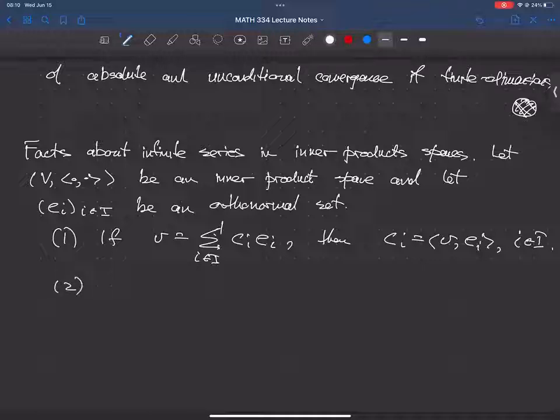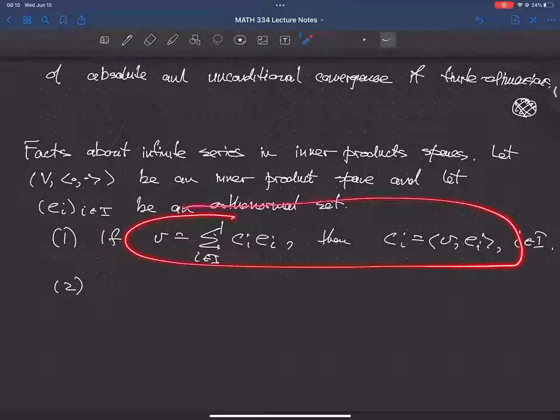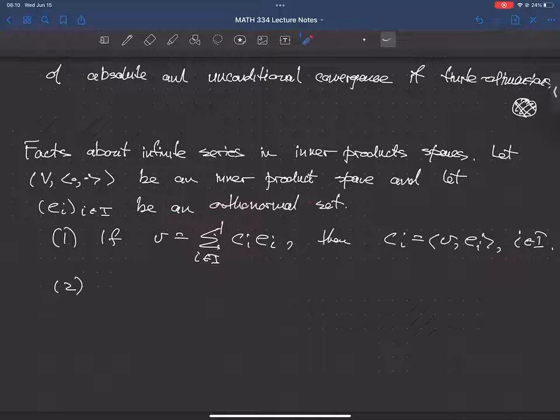And the other useful fact, so this is a formula that, if you've studied elementary inner product spaces, you will be familiar with. In the finite dimensional case, this is obtained just by direct calculation, right?